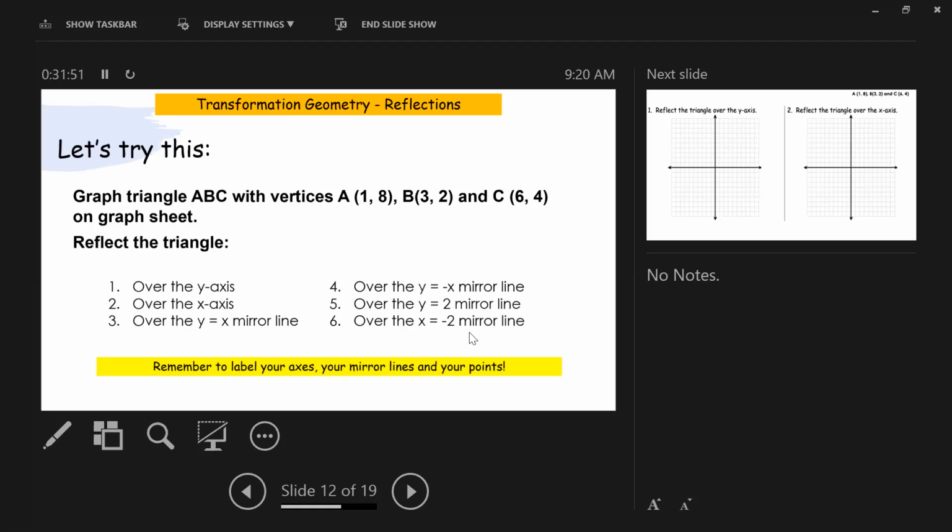So you had to look for the positive 2, and wherever you found that positive 2, you would draw a line through it. So your line would actually end up going through that 2 on the y-axis. And the same thing applies for the line x equals negative 2. You will look for negative 2 on the x-axis and you will draw a line through it.